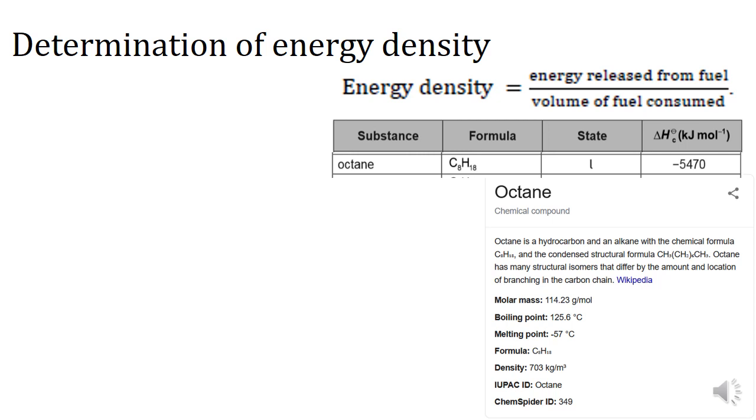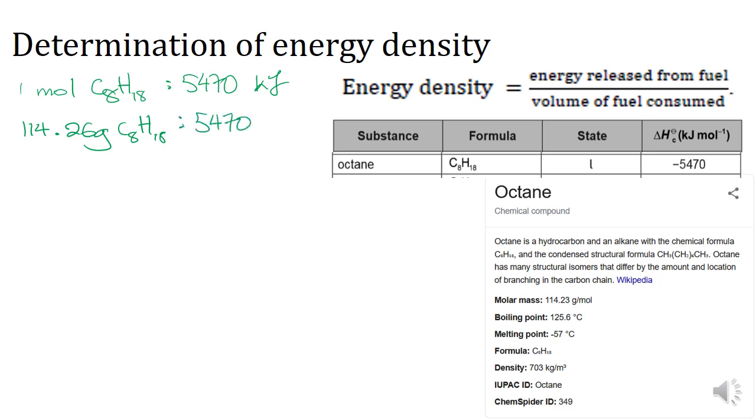We worked out before that for 1 mole of octane, C8H18, it was 5470 kilojoules of energy, and that was 114.26 grams of C8H18 giving me 5470 kilojoules.